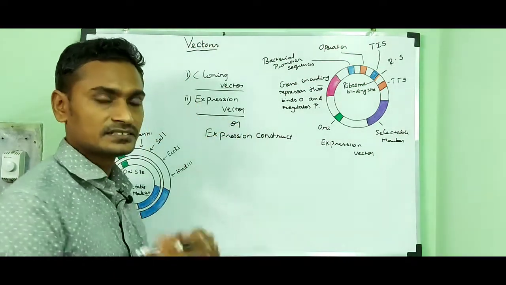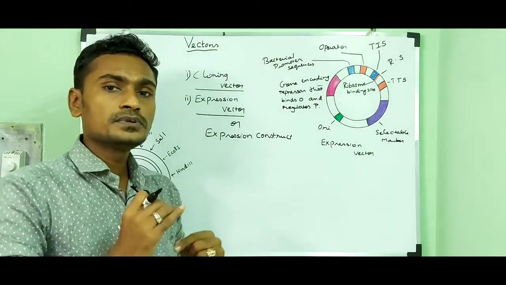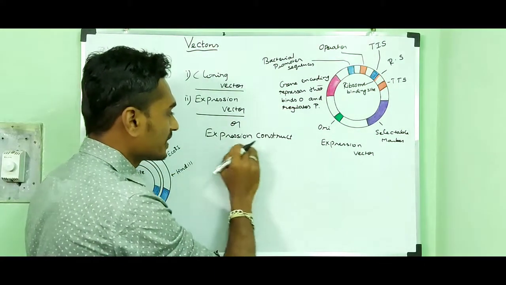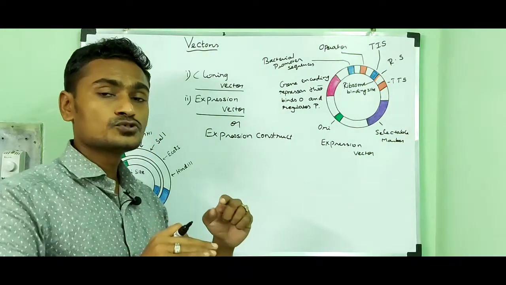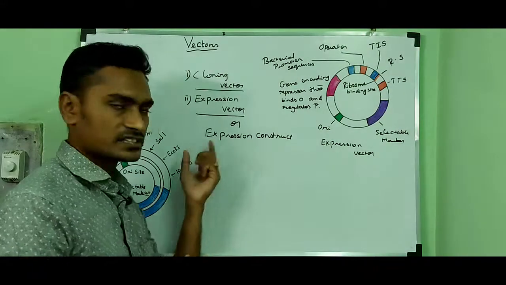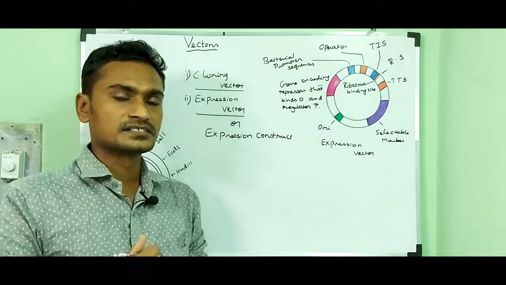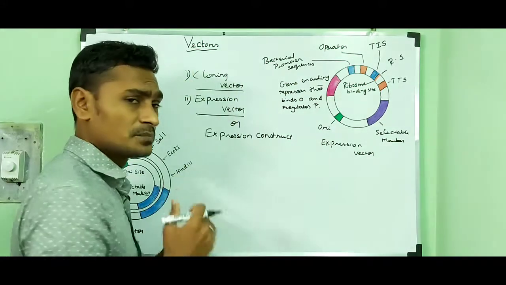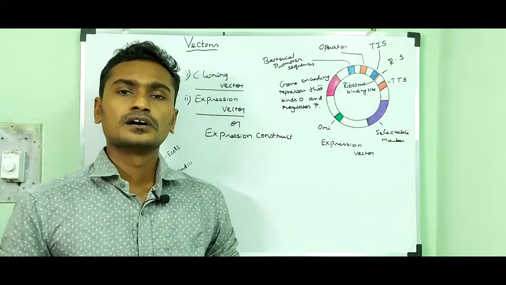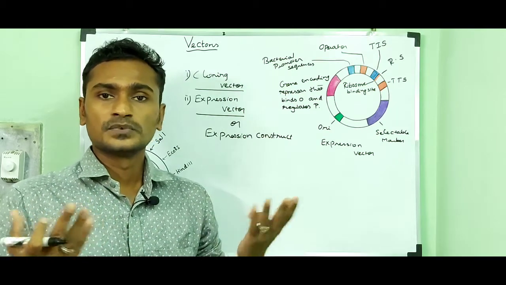Then the cloning vectors are used to obtain multiple copies of gene of interest or foreign DNA, while the expression vector is used to obtain or analyze the gene product. Then the cloning vector may be a plasmid or cosmid or a phagemid or bacterial artificial chromosome or yeast artificial chromosome, and it may be a virus.